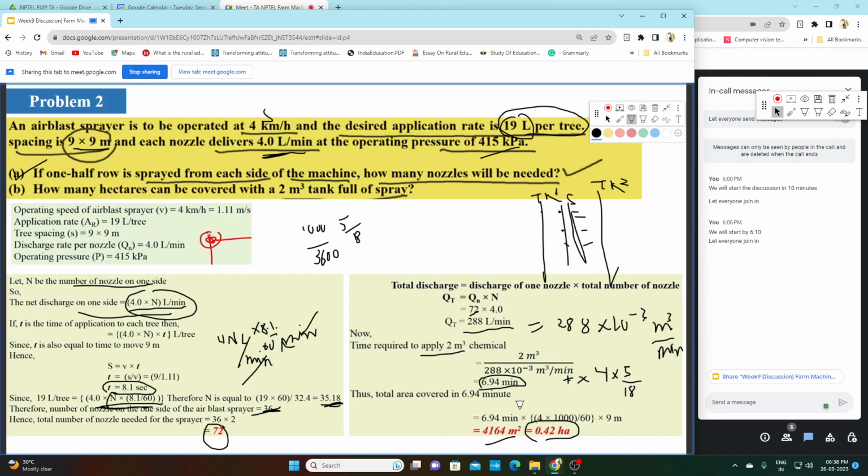And this 6.94 minute means 6.94 into 60. So 6.94 into 60 into 4 into 5 by 18 into 9, because this is your spacing between each tree. When we do this, we get the total hectare covered in this much time, that is 0.42 hectare.